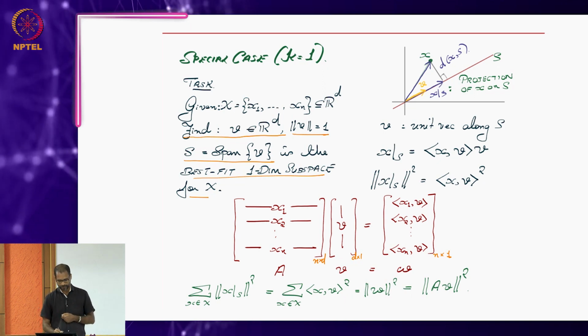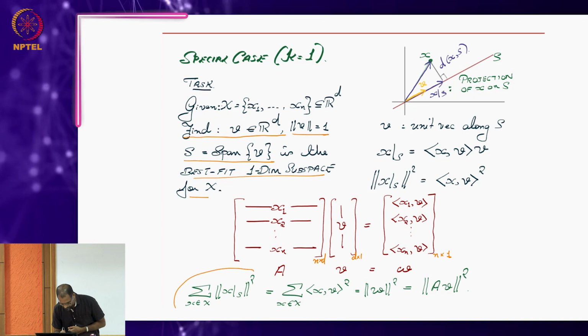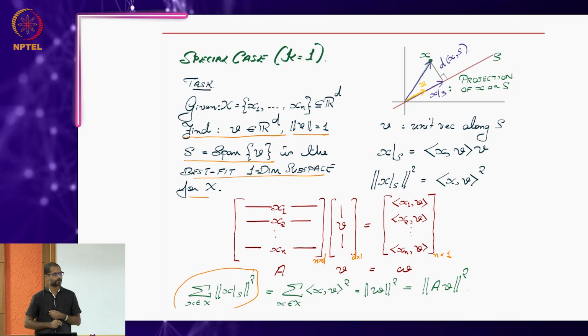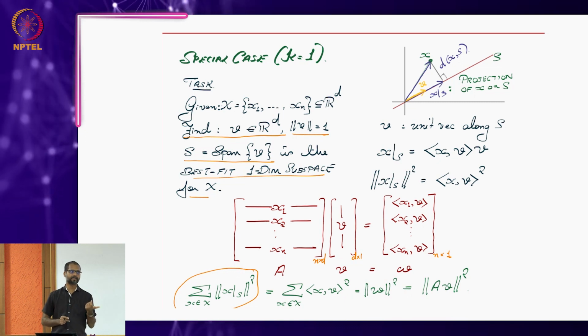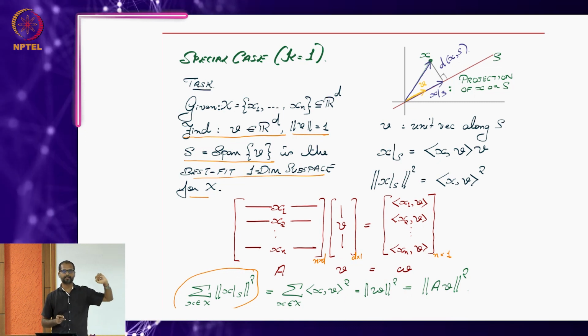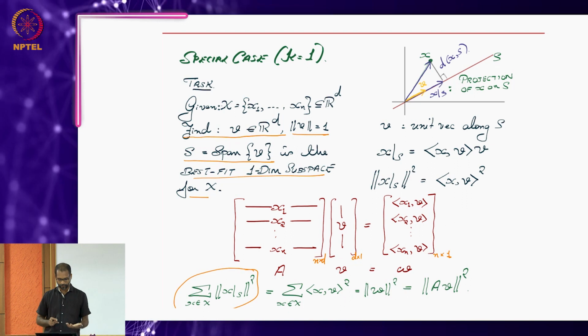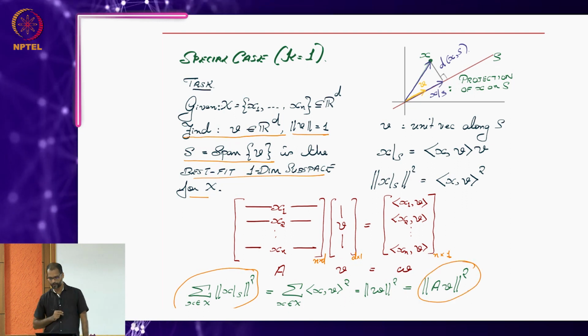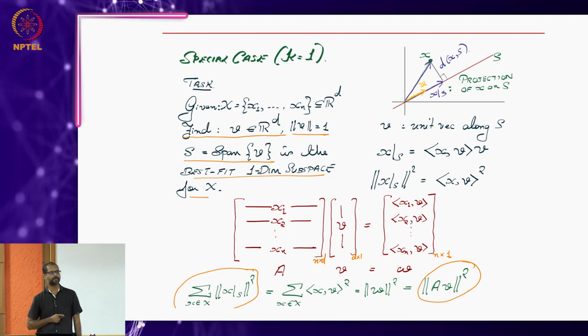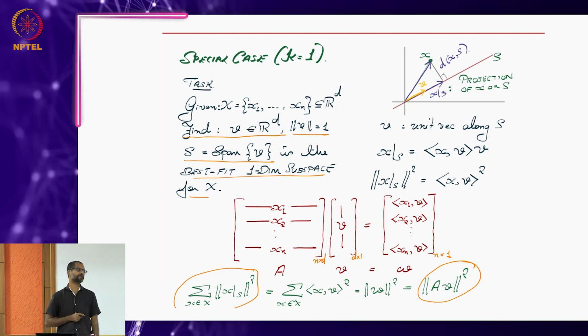Okay. So this thing that I am after, this is what I want to maximize. Remember, this is not the error, this is like the total energy in the data minus the error. So this is something which I want to maximize, but that turns out to be just norm of Av squared, where A is the data now represented as a matrix.